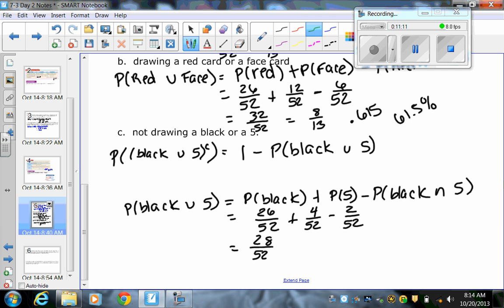If I go back and plug this in, we have 1 minus 28 out of 52, which will give me 24 out of 52, which reduces to 6 out of 13, or 0.462, or 46.2%.